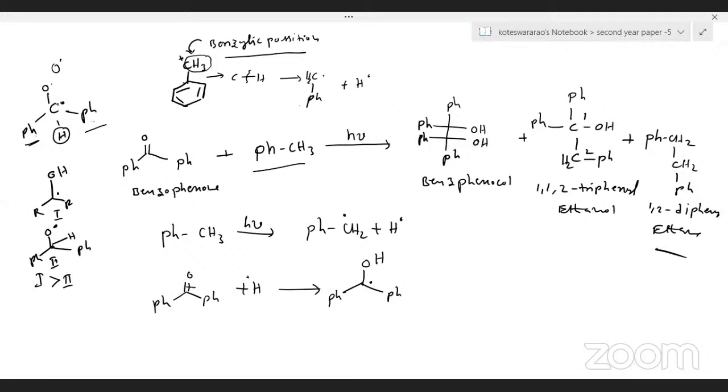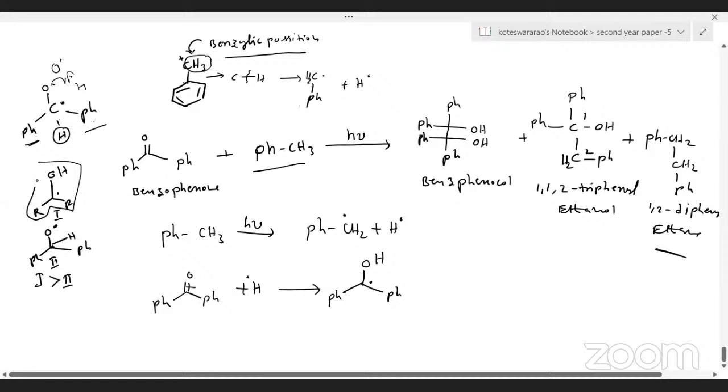Similarly, when the pi bond undergoes homolytic cleavage, an O radical or a C radical is obtained. Due to the high reactivity of the oxygen, this radical easily donates to the hydrogen radical when compared to the carbon radical. That is the reason this type of intermediate is more probable than the second type. So the first one is more stable than the second one. Right?